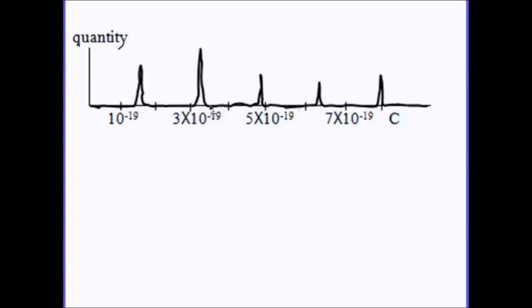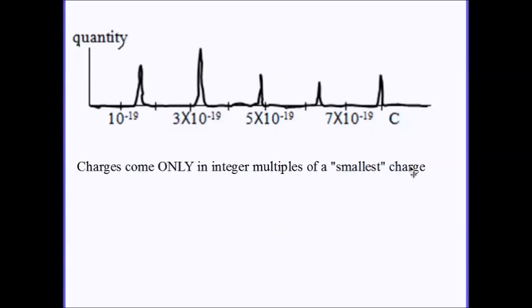Only certain charge values occur. And then I also note that those places where charge values occur seem to be about equally spaced. That there seems to be a smallest charge that occurs, and all the other charges are twice as much charge, or 3 times as much charge, or 4 times, or 5 times.